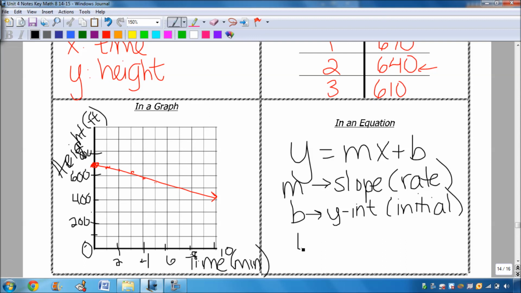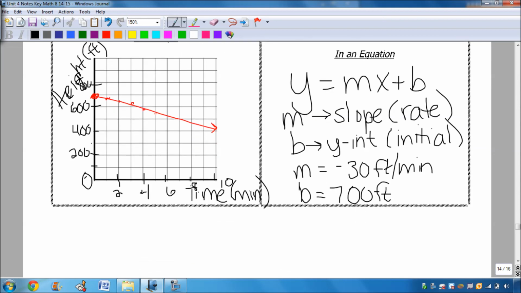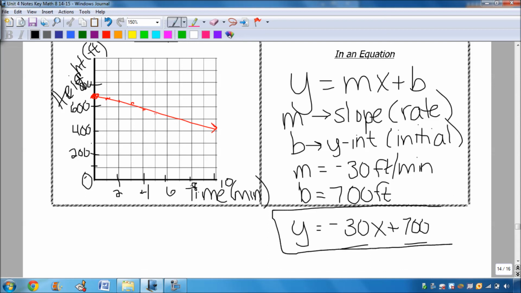So in this problem, your slope is your rate. It's going down at a rate of negative 30 feet per minute, okay? And your y-intercept is your starting amount, so it's 700 feet. So that means that your equation would have to be y equals negative 30x plus 700. Here's the m, here's the b. Okay?